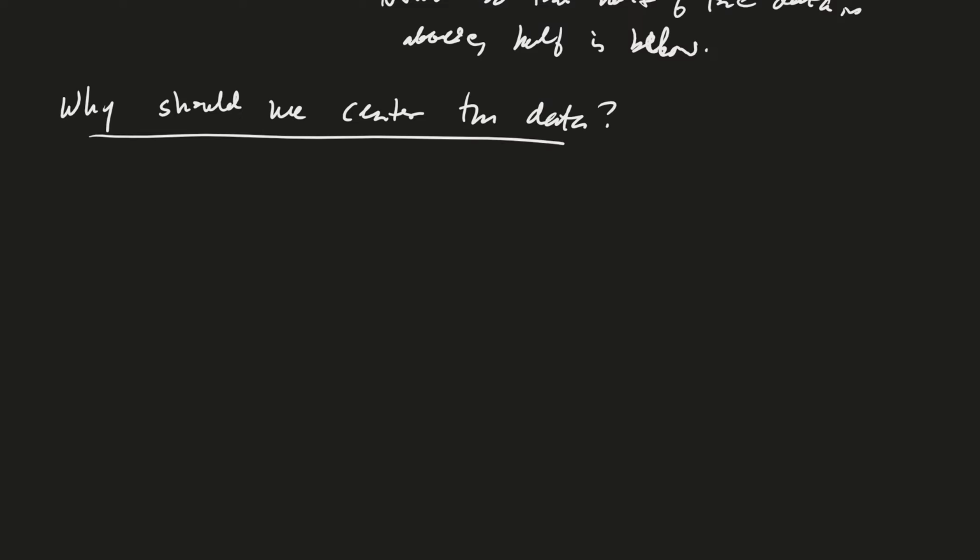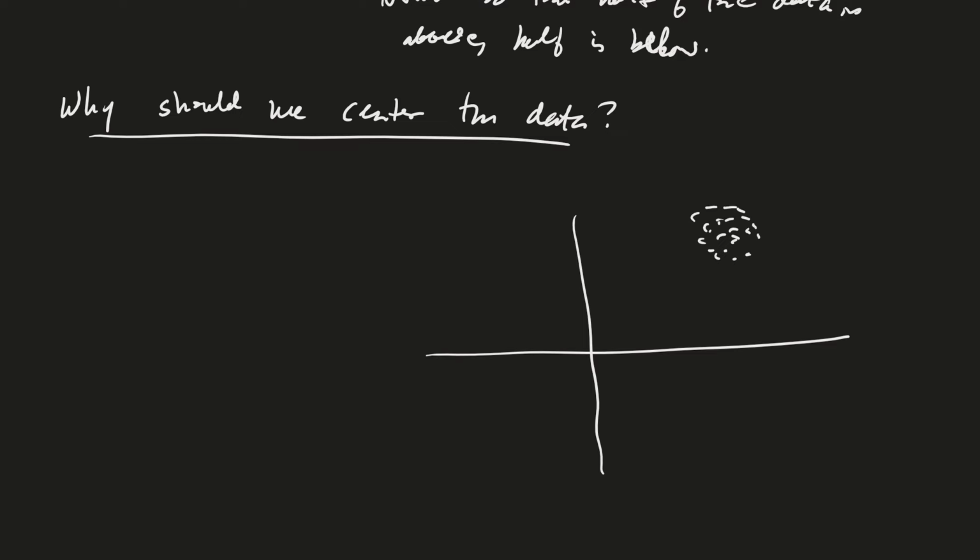We're always going to assume our data is centered, and the reason is, for one thing, you could imagine if your data is all sitting out here, what's going to happen when you're analyzing this data is that the first part of the analysis is that you're going to have to go out here to the mean, and so the mean you don't want to be part of the data analysis. You want the mean to be 0.